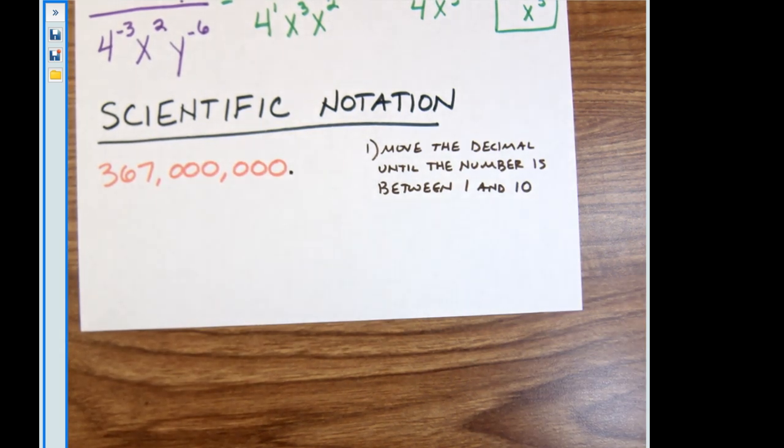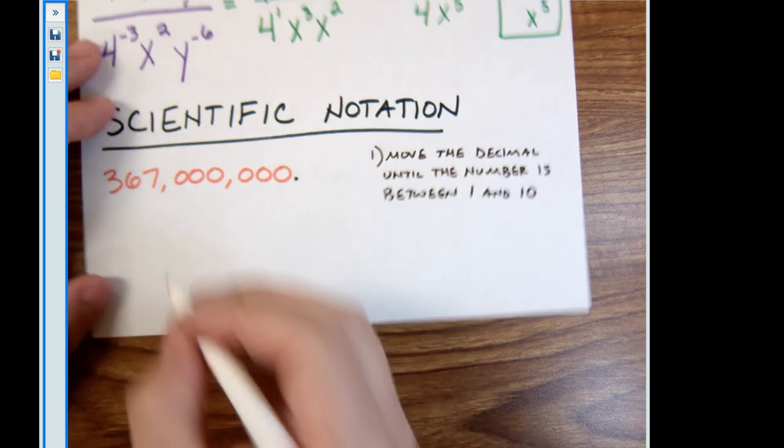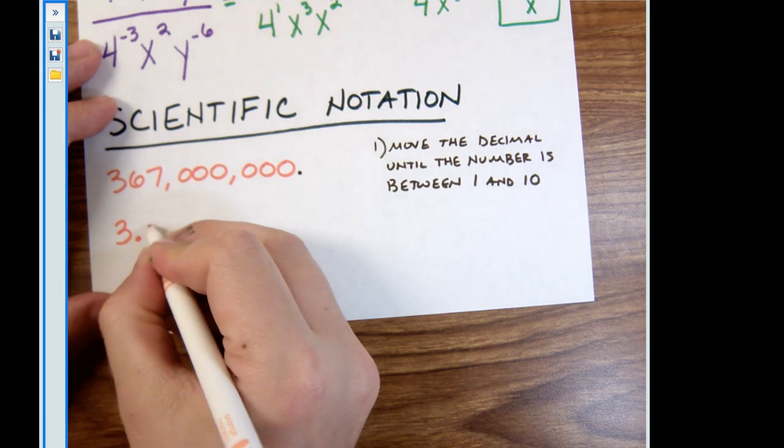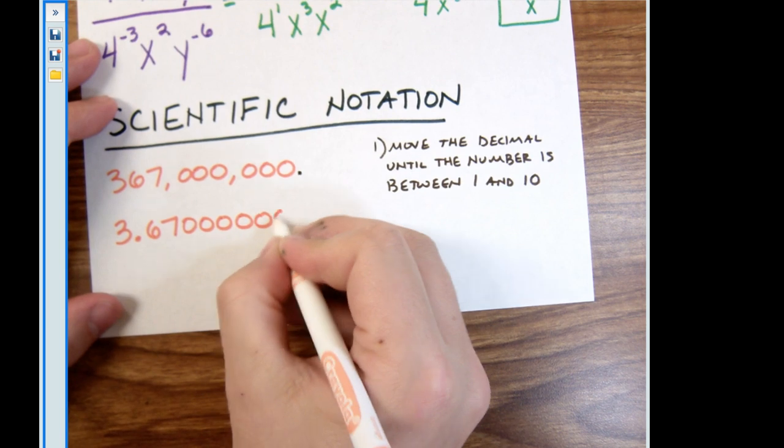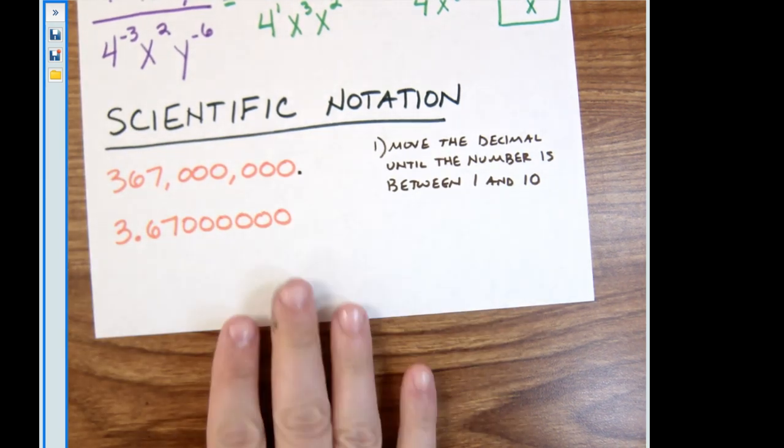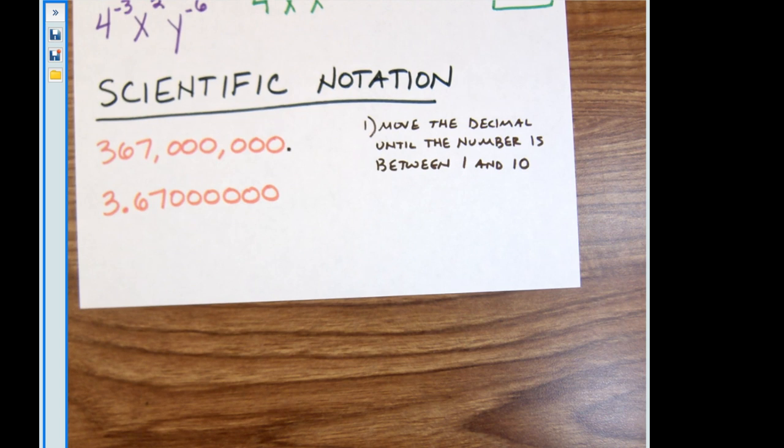So where would I have to put this decimal so that instead of 367 million, I get a number that was between 1 and 10? 367 is not in between 1 and 10. Yeah, what about 3.67 with 6 zeros? Now my number is between 1 and 10. It's 3.67 with a ridiculous number of zeros.